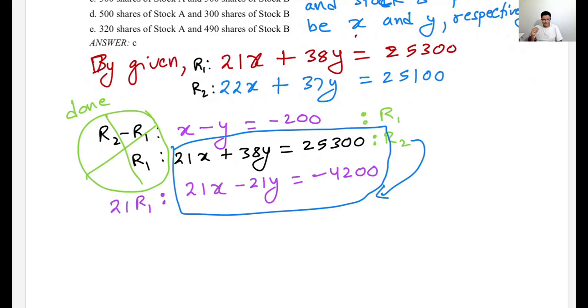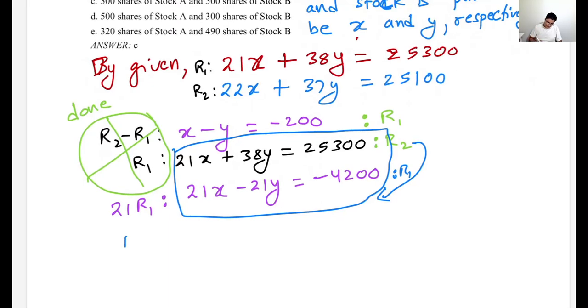So I will still call this my new R1 and I'll stay with my old R2, and now if you do R2 minus R1 in this new boxed system, you cancel the 21x, right? And when you subtract, you change the sign.